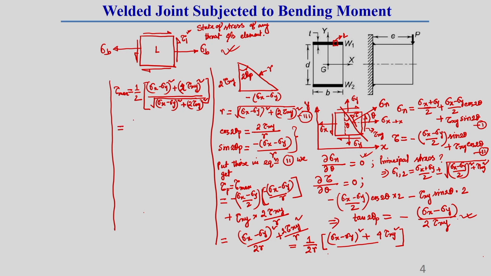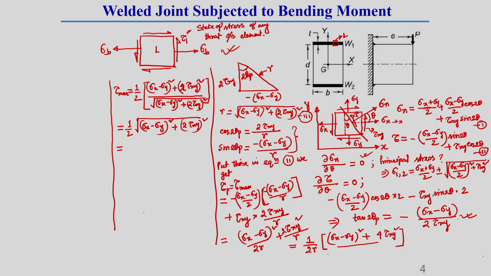If we do some calculation here, you can get 1 by 2 square root of (sigma x minus sigma y) square plus (2 tau x y) whole square.